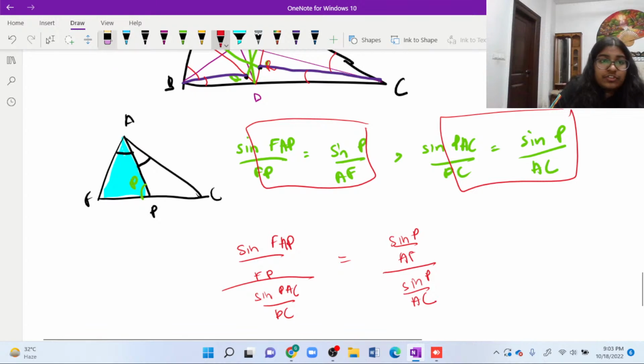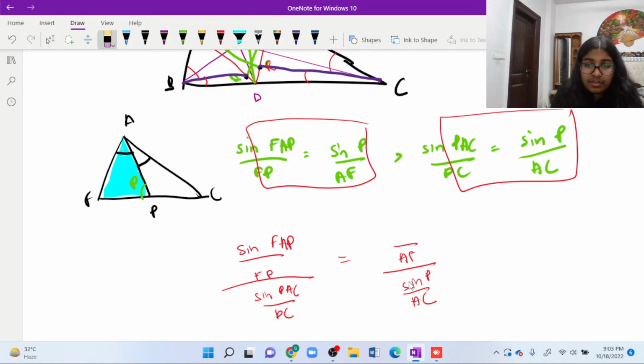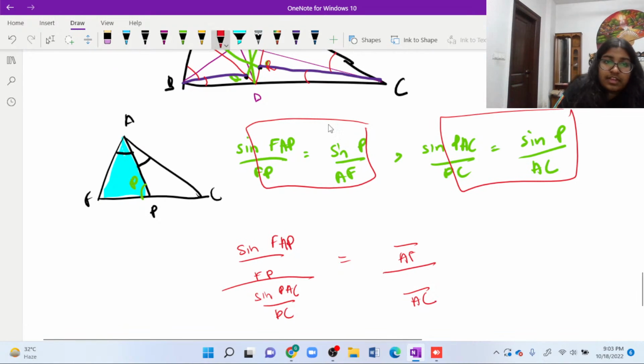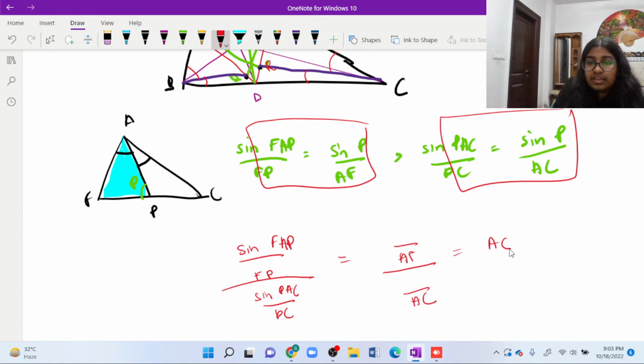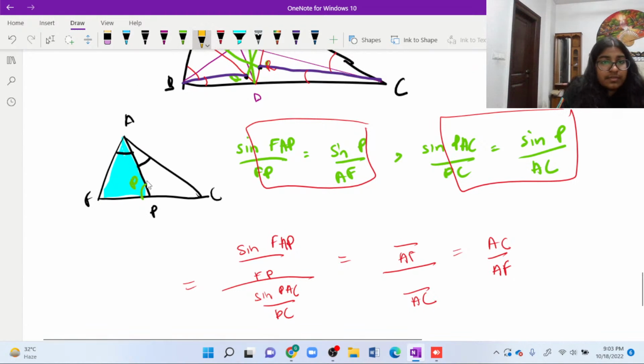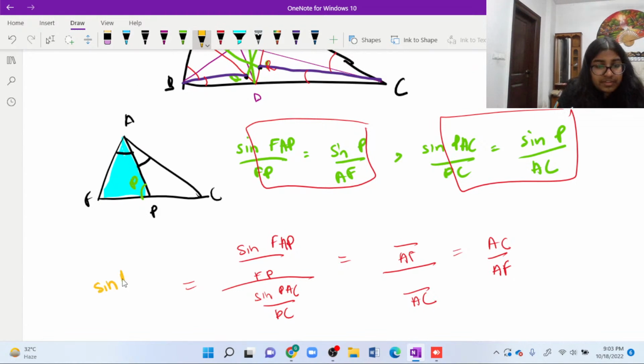So we can just cancel sine P, and this side becomes AC by AF, and the other side becomes sine FAP by sine PAC times PC by FP.